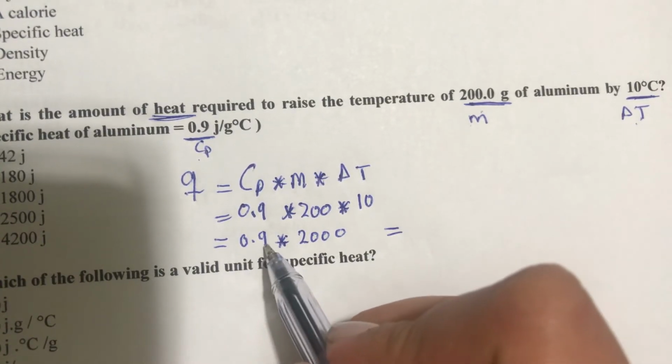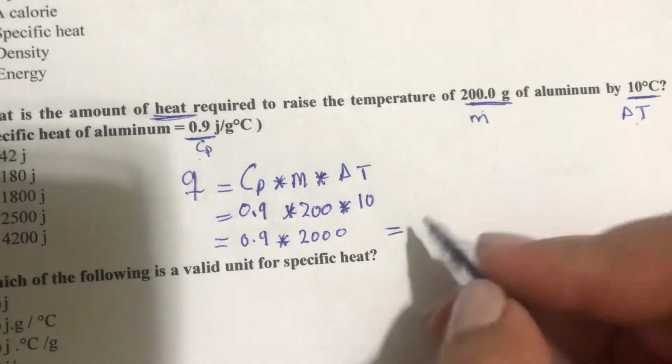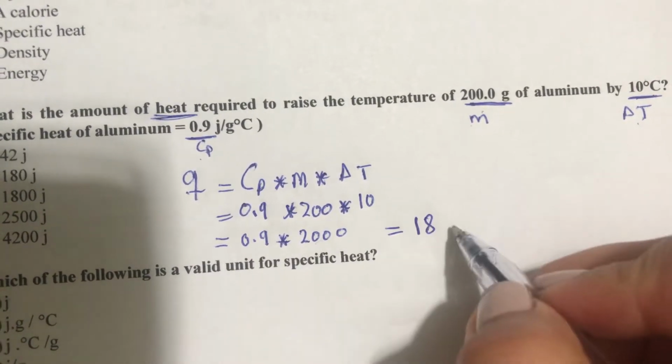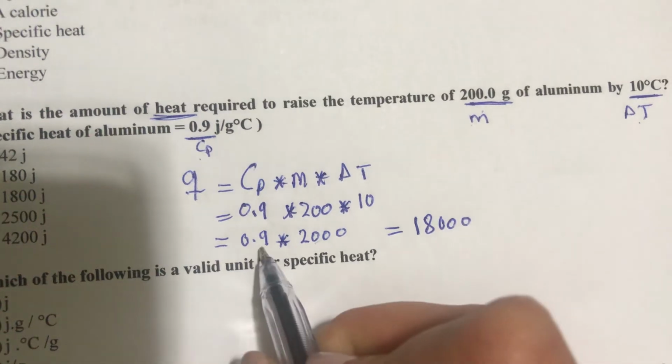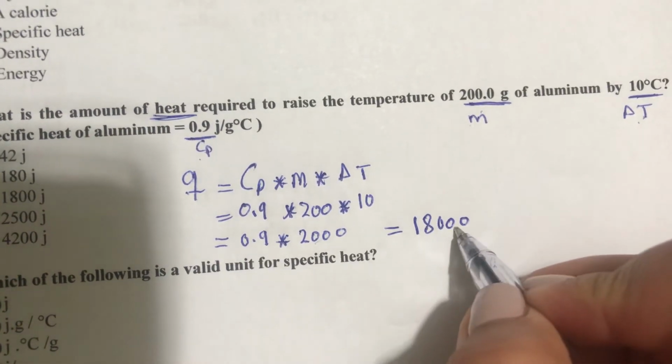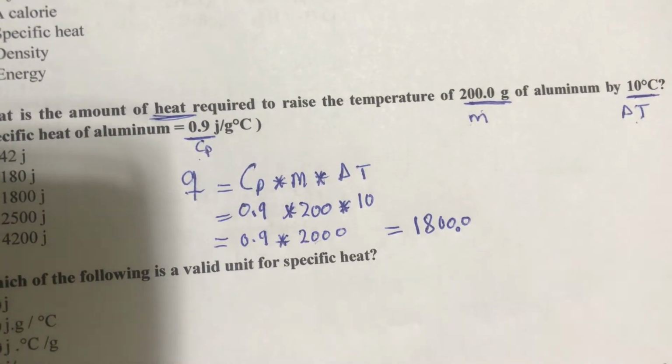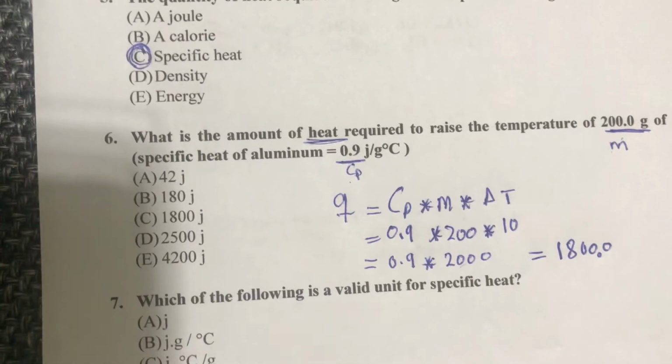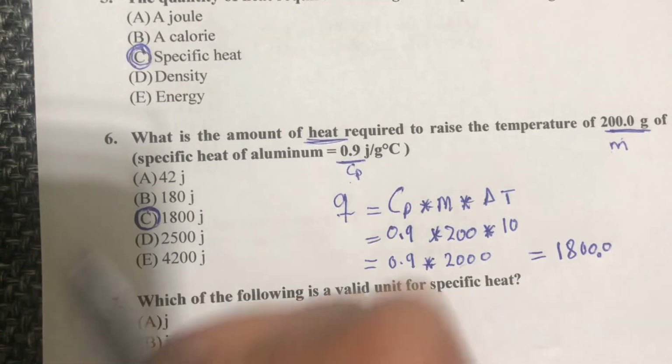So 2 times 9, 18. You have 3 zeros here and a decimal. So the answer is 1800. So the correct answer is C.